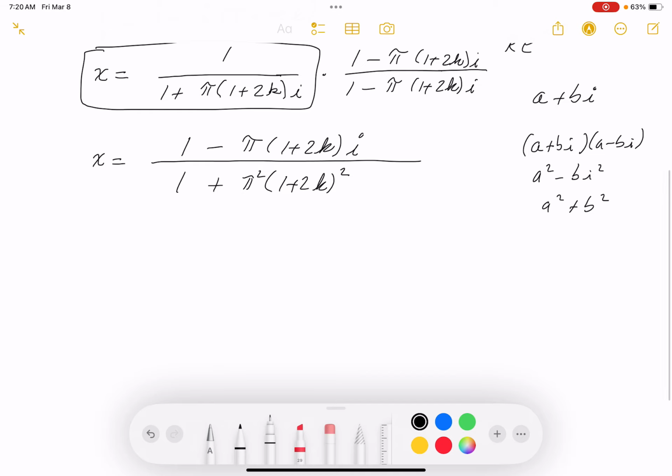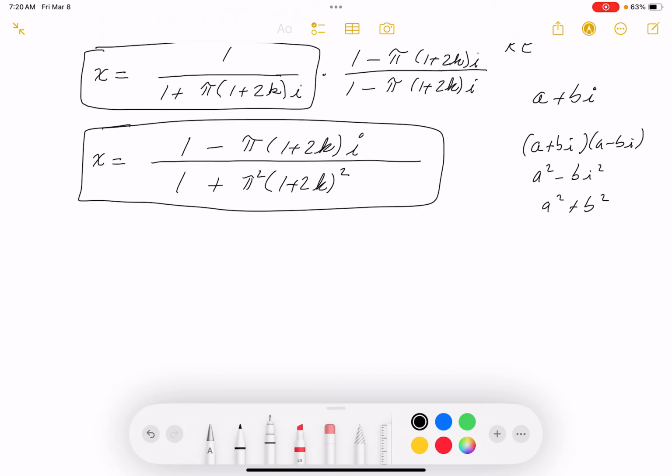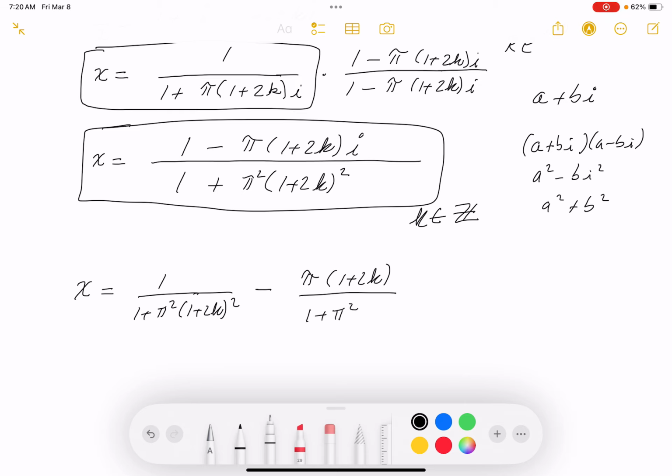Again, I'm going to say this is also a good answer as far as I'm concerned, but if you want to write it in the a plus bi form, and by the way, k could be any integer, what's it going to be? 1 over 1 plus pi squared, 1 plus 2k squared, minus pi, 1 plus 2k over 1 plus pi squared, 1 plus 2k squared, i. And that would be the a plus or minus bi form.